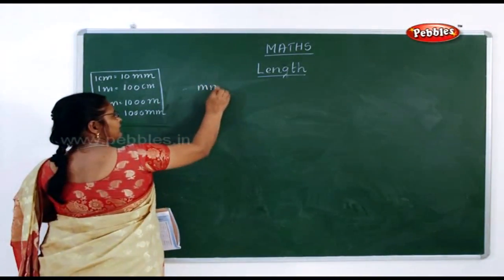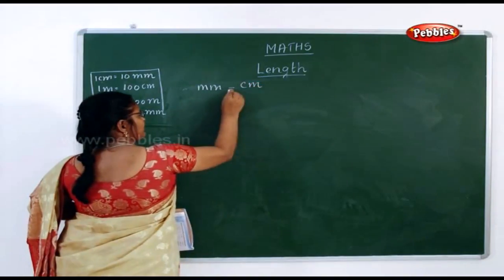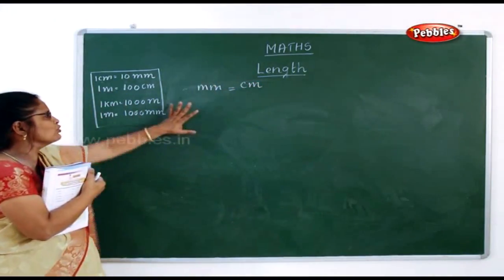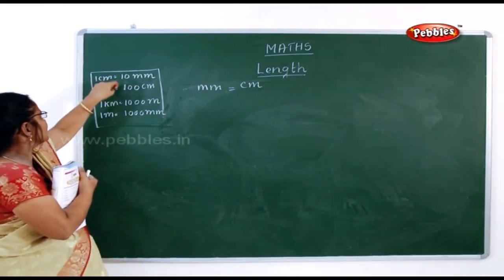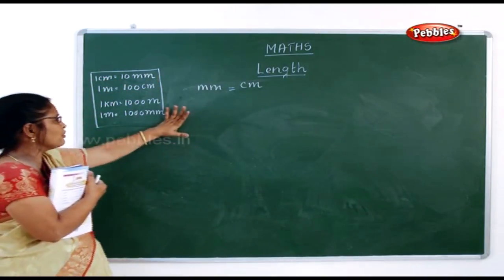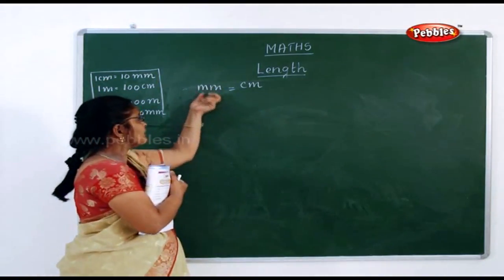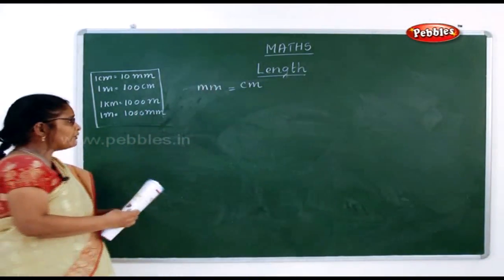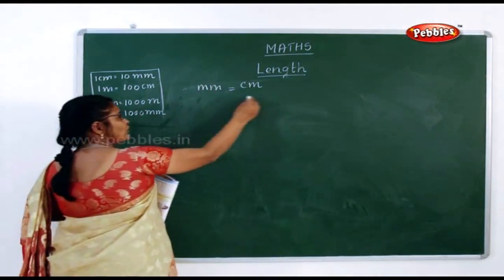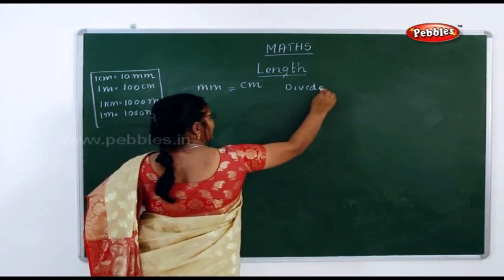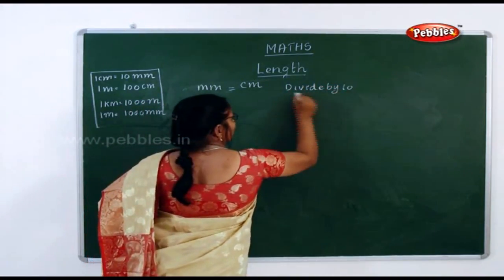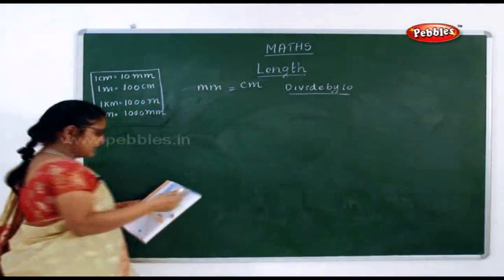See, previously you converted centimeter to millimeter. Now what will you do? You have to divide by 10. So this is how you will do, converting the millimeter to centimeter.